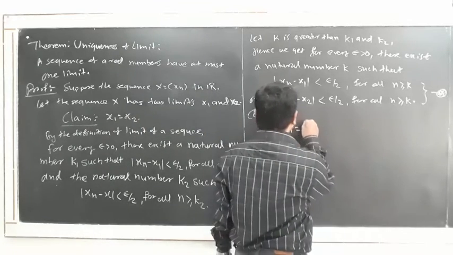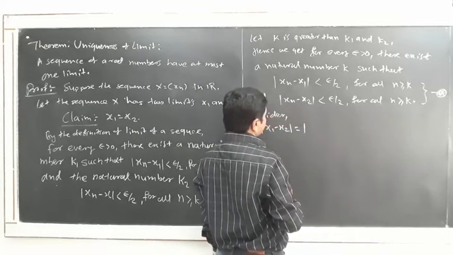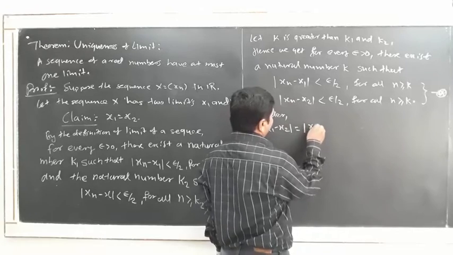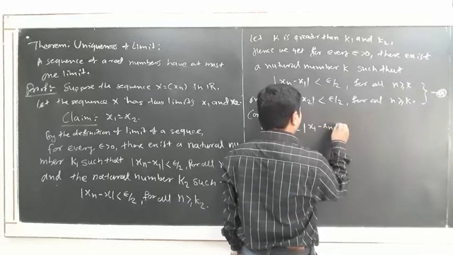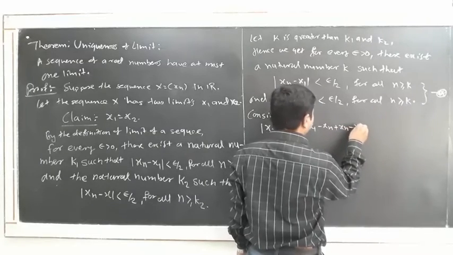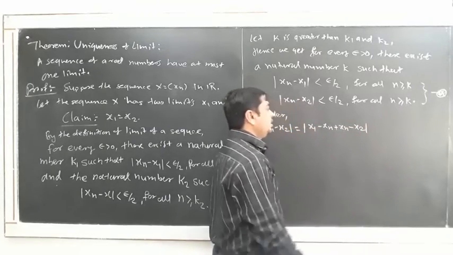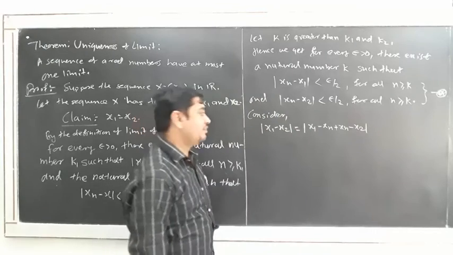We have to add and subtract xn: so x1 minus xn plus xn minus x2.